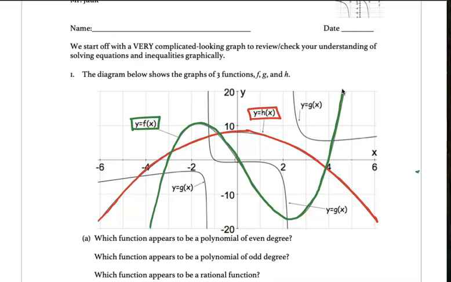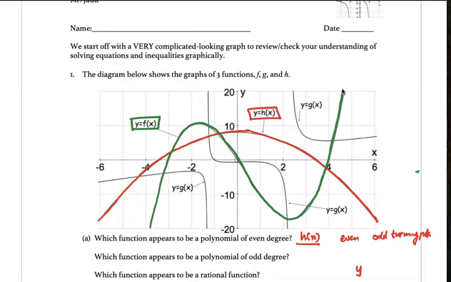Now, which function appears to be a polynomial of even degree? h(x). How do you know that? Because it's a quadratic. Remember that an even degree function will have odd turning points. There's one turning point only, the peak.